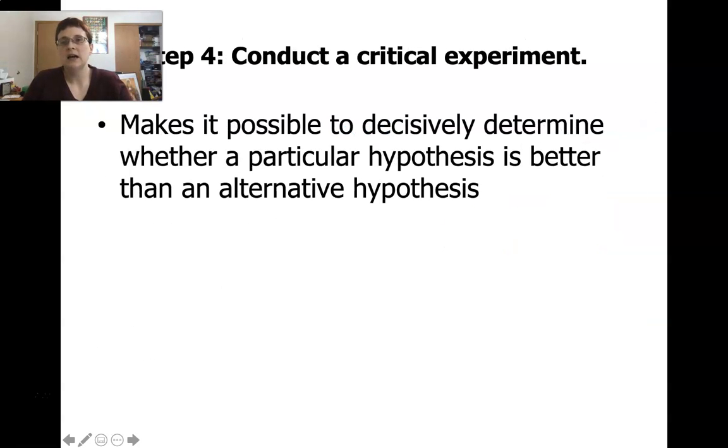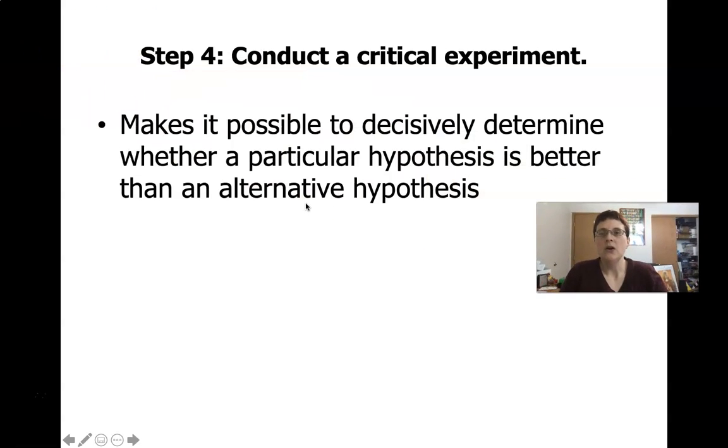Now we need to design and conduct an experiment. So this makes it possible to determine whether your hypothesis is better than an alternative hypothesis. So basically whether the null, no effect, is better than your alternative hypothesis.